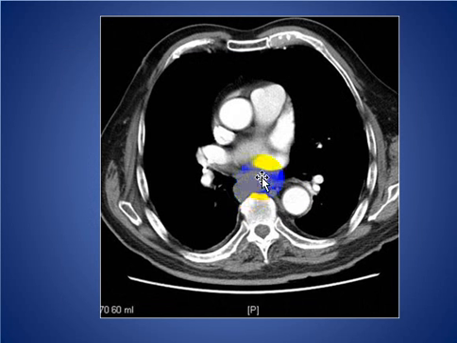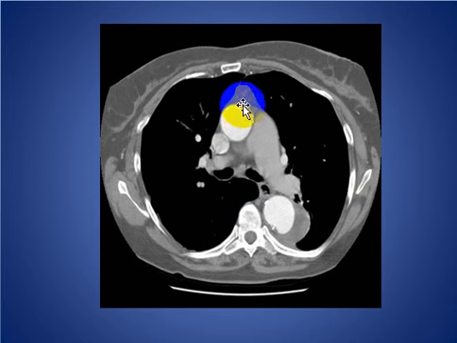Another patient with foregut duplication cyst, as we see here. Here we see the ascending aorta, and this is the descending aorta with aneurysmal dilatation of the descending aorta.